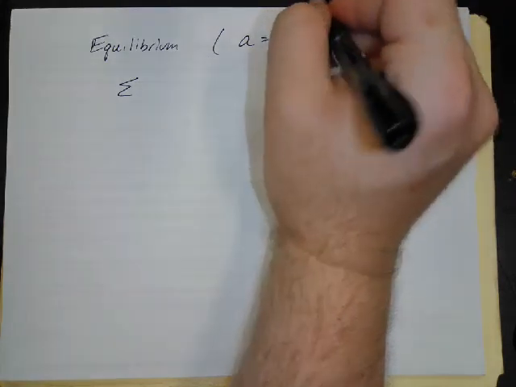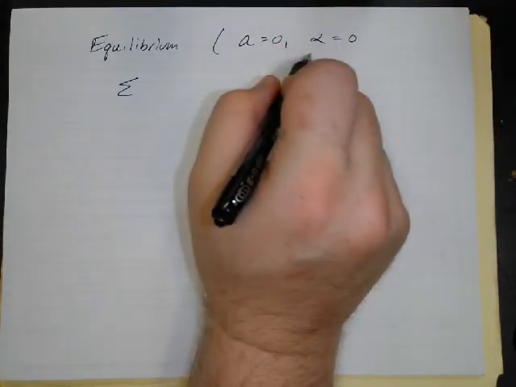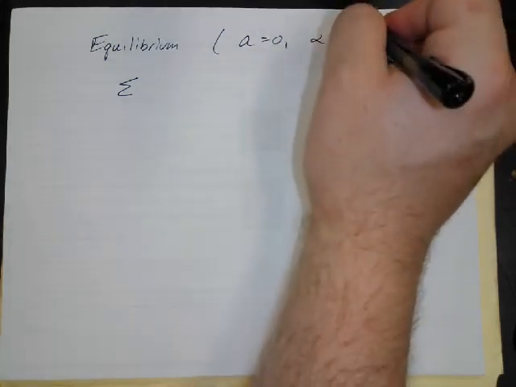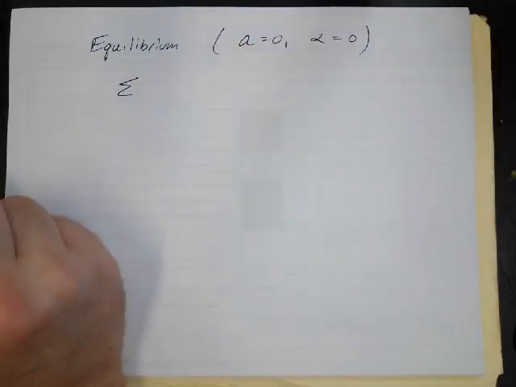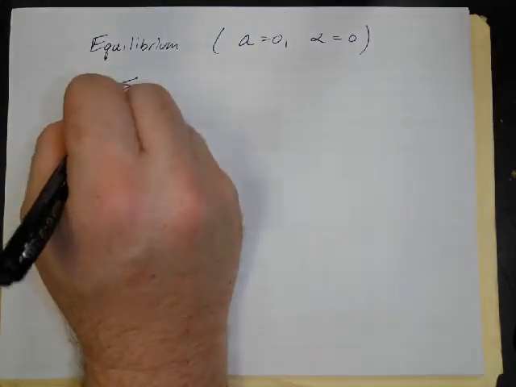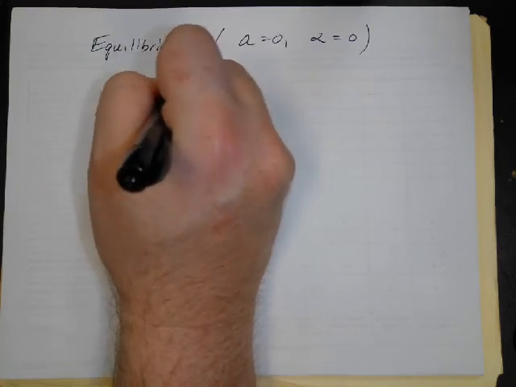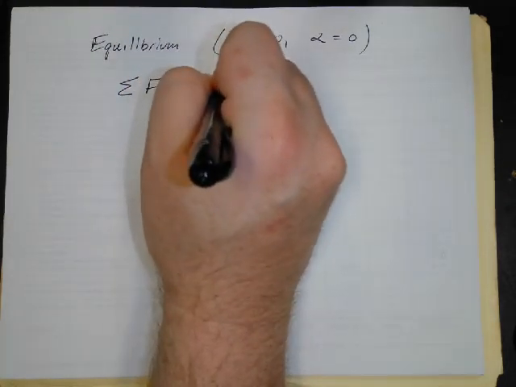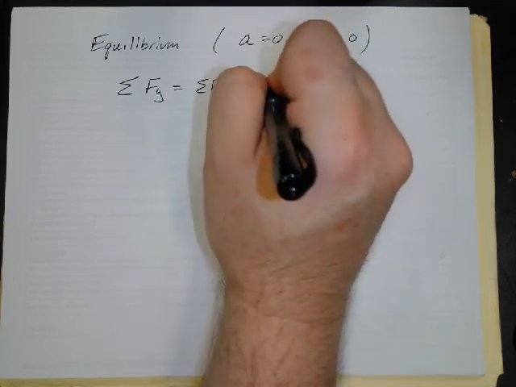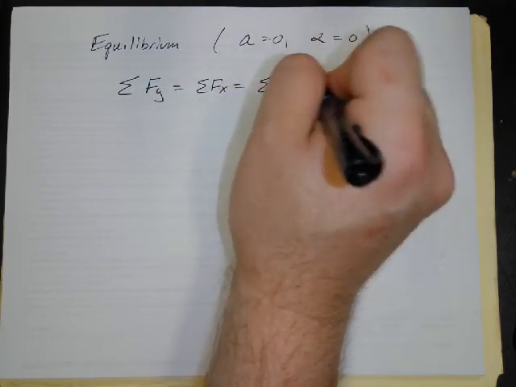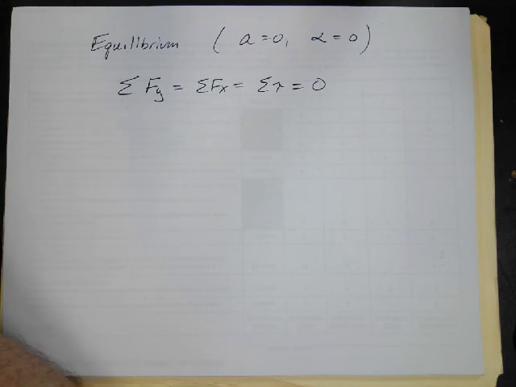So this could be something moving at constant velocity or constant angular velocity. So it could be rotating. But if this is true, then the sum of the forces in the y direction, the sum of the forces in the x direction, and the sum of the torques are all 0.